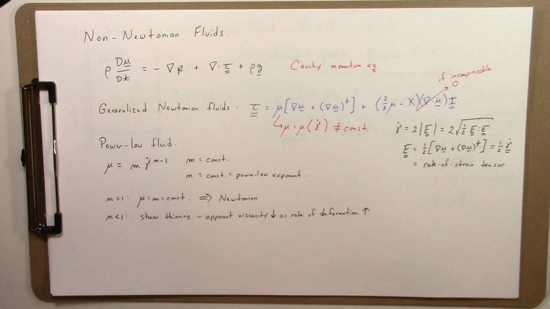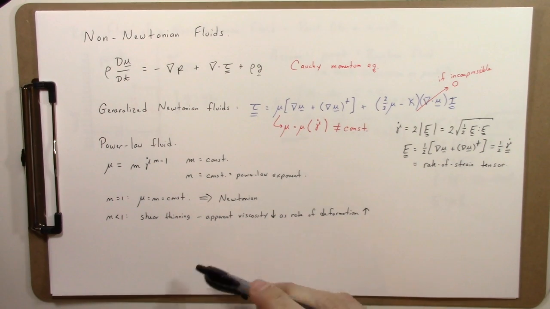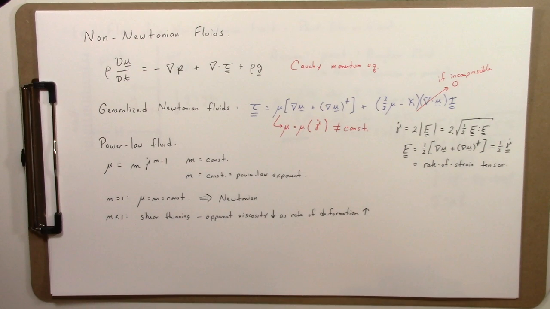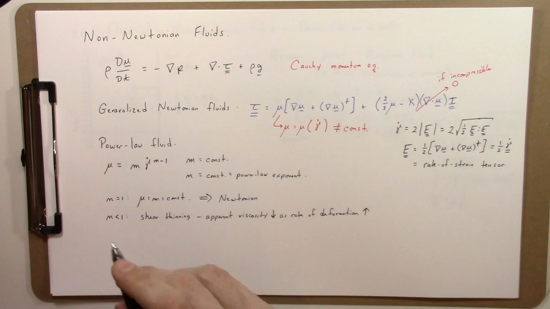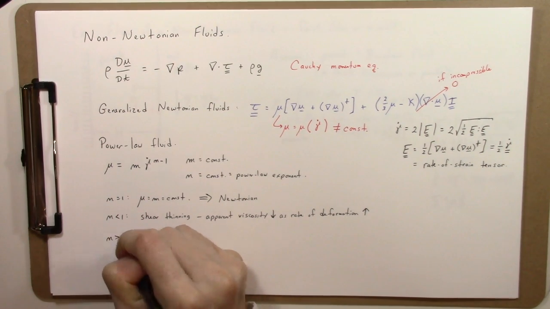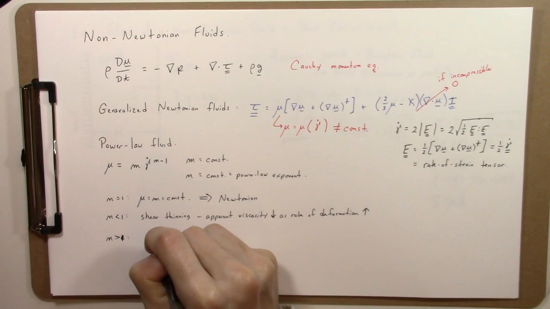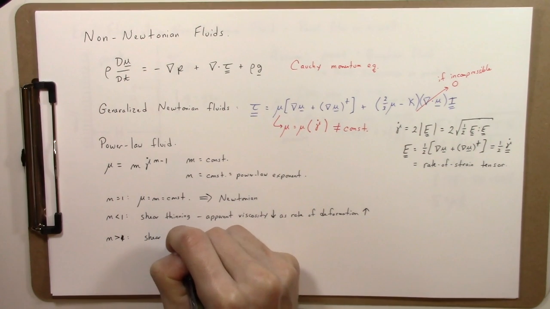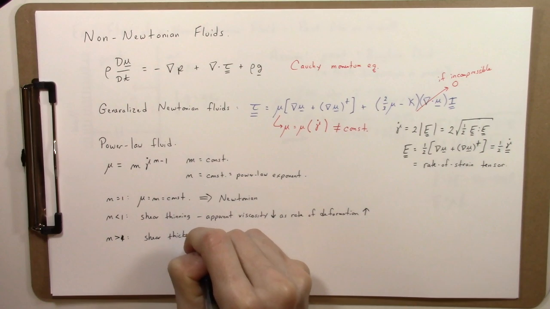So for example, if you stir a shear thinning liquid faster, the liquid appears to get thinner or less viscous. This is common for polymer solutions because the applied shear orders the molecules. You can think of it as untangling the polymer chains, thereby decreasing the resistance to flow. If n is greater than 1, then we have a shear thickening fluid.